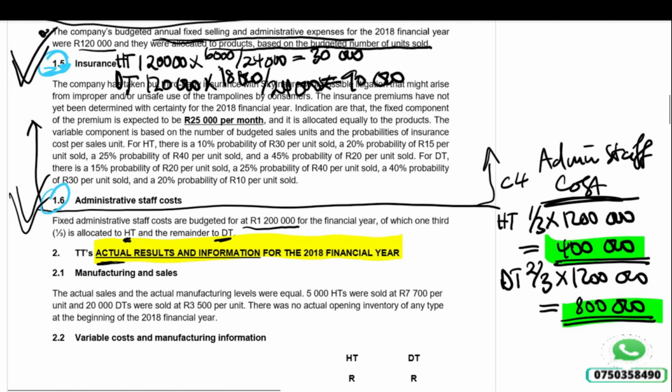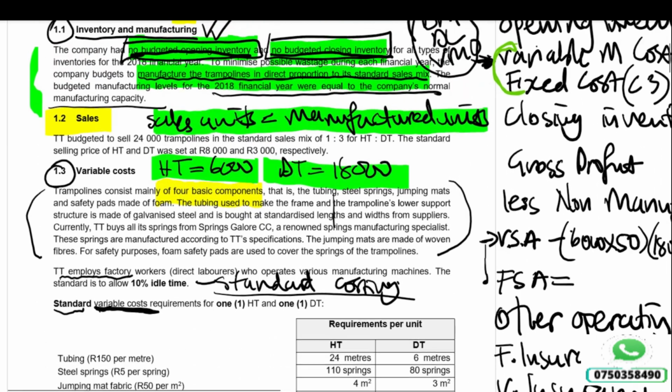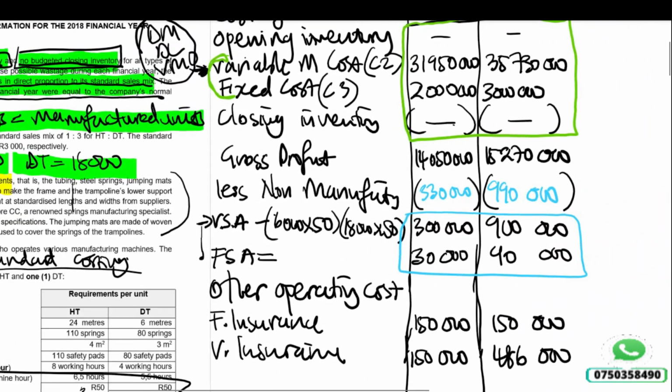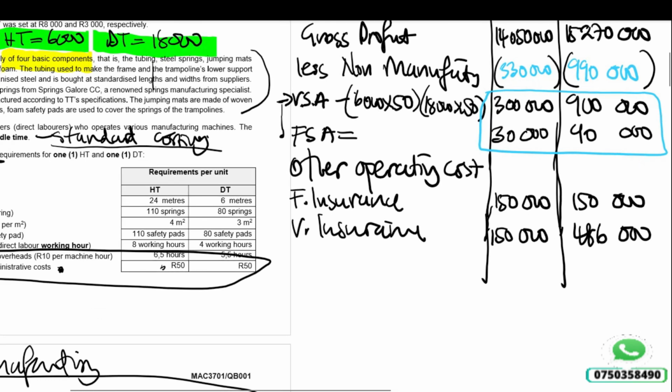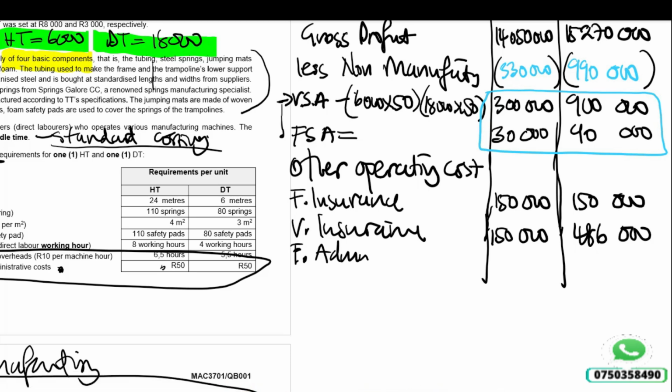So I post it back to the statement: 400,000 and 800,000. So this is fixed admin staff cost, 400,000 and 800,000.